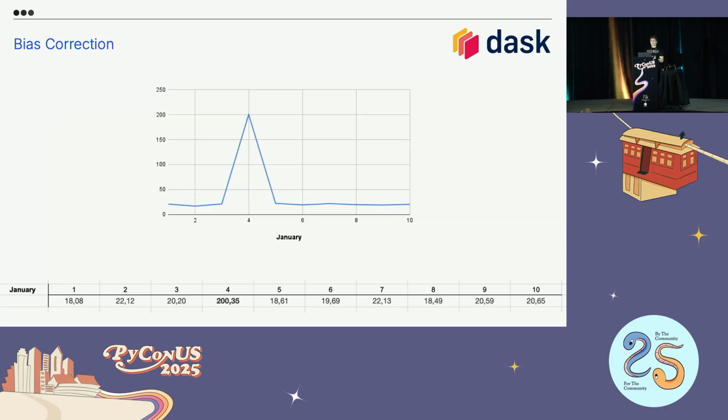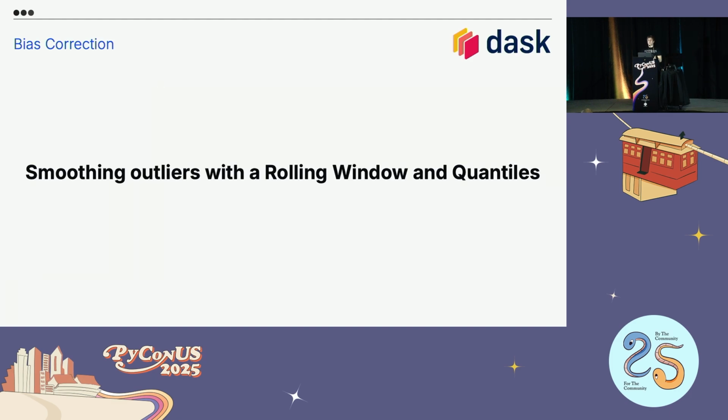So the bias correction step worked with rolling windows. If you have a time series, obviously this is a huge outlier. They were measuring temperatures over the year. And if you have such outliers, you want to remove them so that you don't screw up your whole model. So what they do is they apply a rolling window and calculate the quantiles.